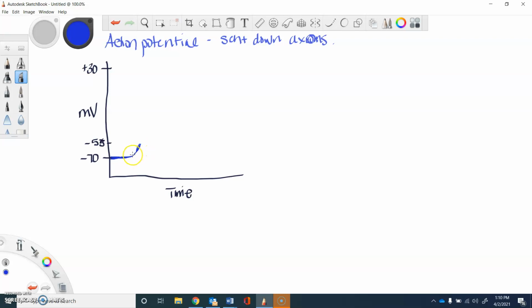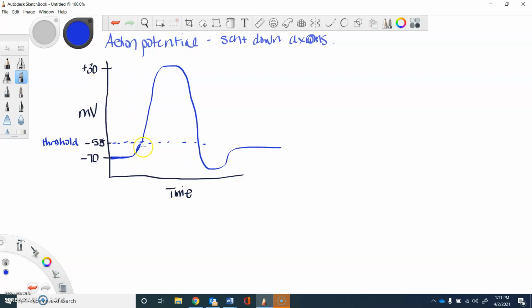It's increasing and increasing it. And if it increases it enough, then it will get to what's called threshold. So this is the threshold number. And once it gets to threshold, then it goes. And it goes all the way.